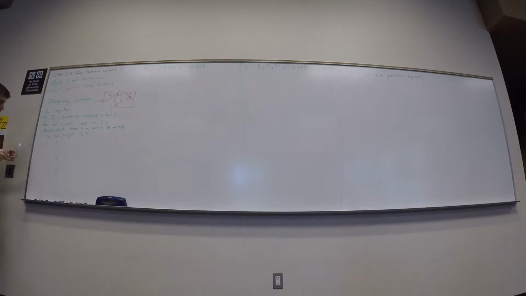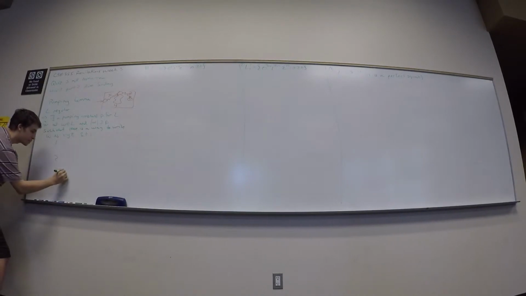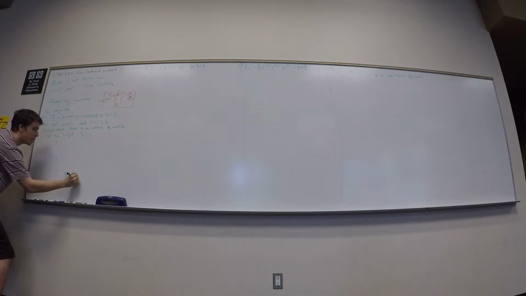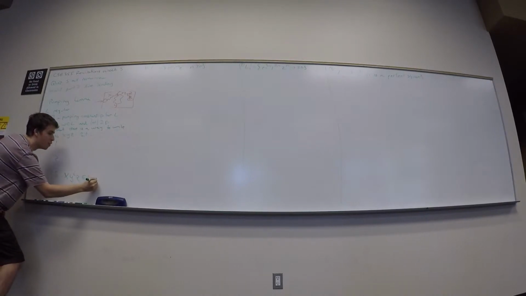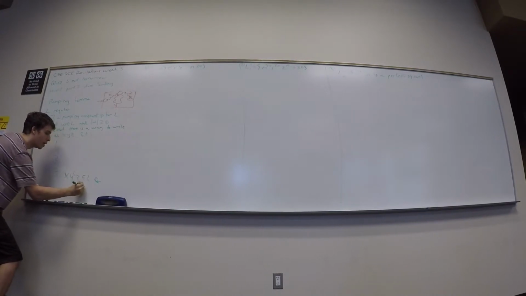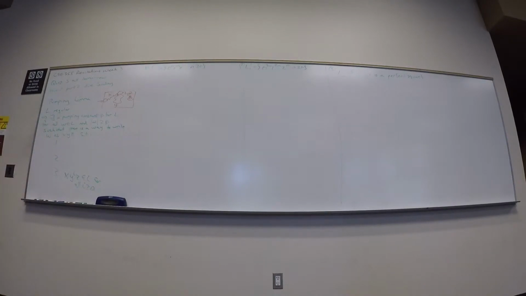Okay, well that tells me that for any number of Y's that I pick, it will always stay in the language. If I find this XYZ, no matter how many Y's I put in, it'll always stay in the language. So it's in L for all i at least 0. Okay?